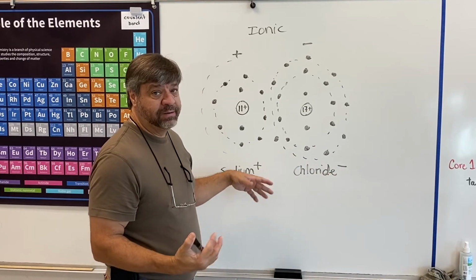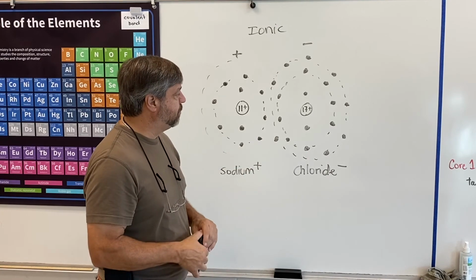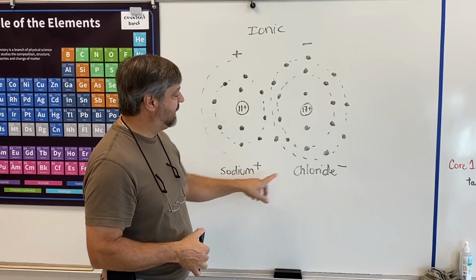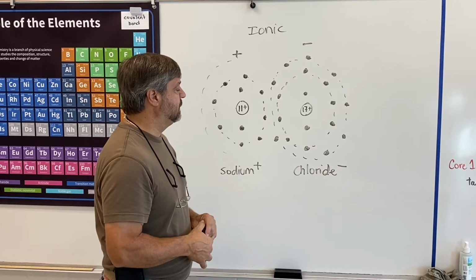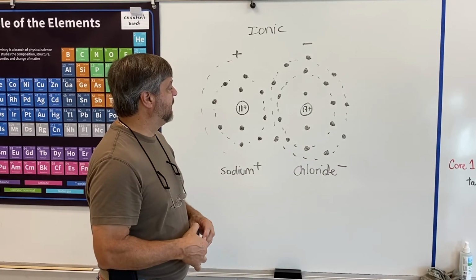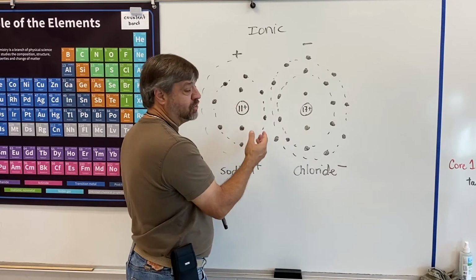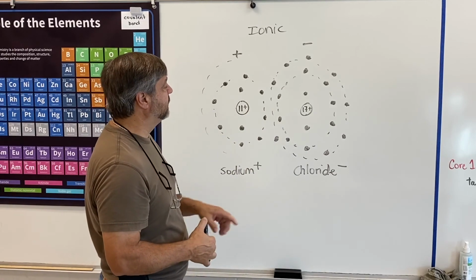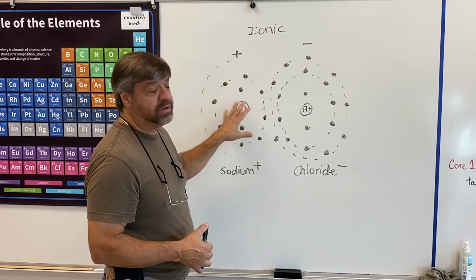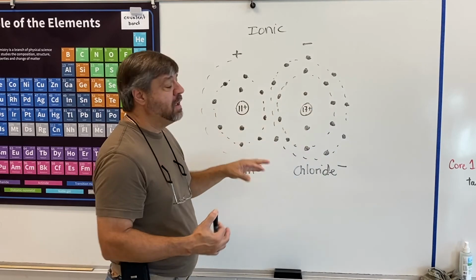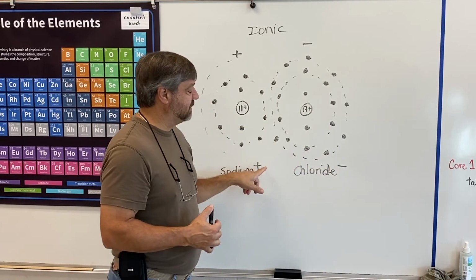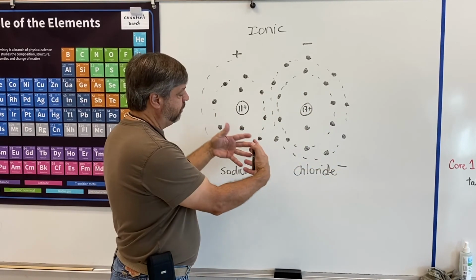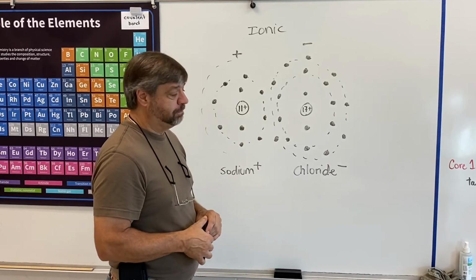This is an electromagnetic attraction that is going to pull these 2 atoms together, a positive binding with a negative. So the atoms are not sharing electrons in this case, like in covalent bonding. This one's giving up an electron, this one's taking the electron, but now they are oppositely charged, and that bonds them together.